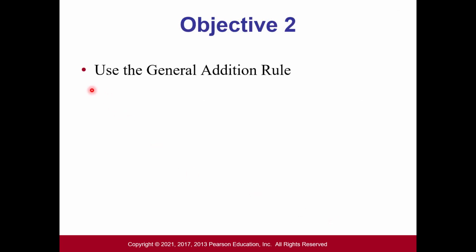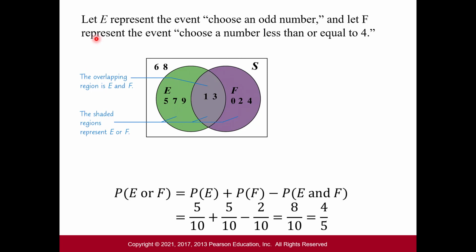All right, now we're going to use the general addition rule. And this rule is going to be used for when our events are not mutually exclusive or disjoint. So let's let E represent the event to choose an odd number, and let F represent the event to choose a number less than or equal to 4. And this was from when we had a bag of chips with the digits 0 through 9 on them. So notice what we have here with our Venn diagram. An odd number is in our circle for E. It could be 1, 3, 5, 7, or 9.